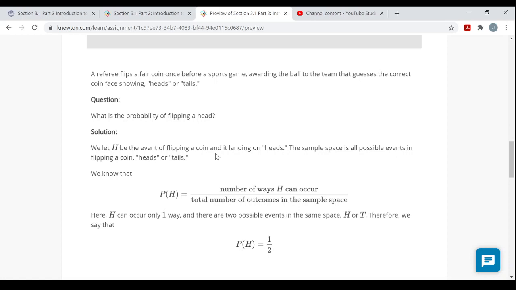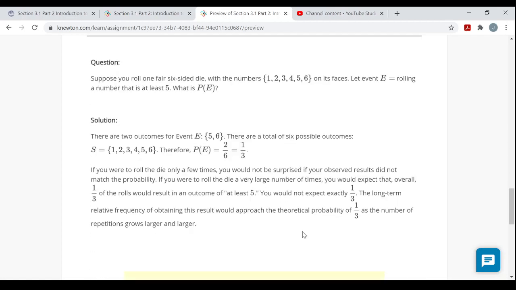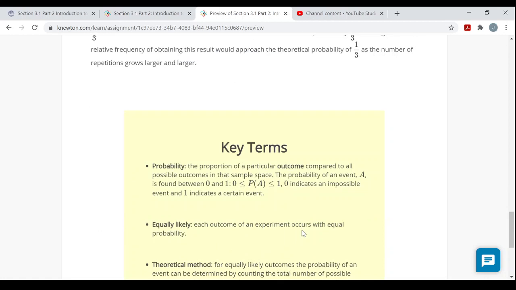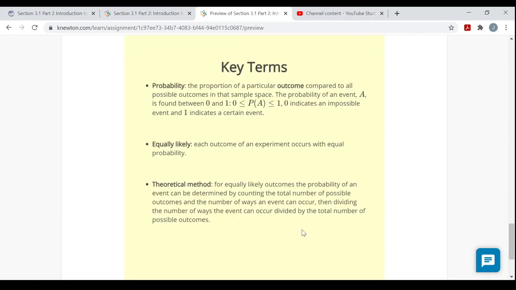There are two outcomes, heads and tails, and they're both equally likely. They both have the same chance of occurring. And one of those is heads, 1 out of the 2. So the probability of flipping a head is 1 out of 2, 1/2. Pretty simple one. And I'll give you another example with dice. Cool. All right, we'll do some problems here in a second.